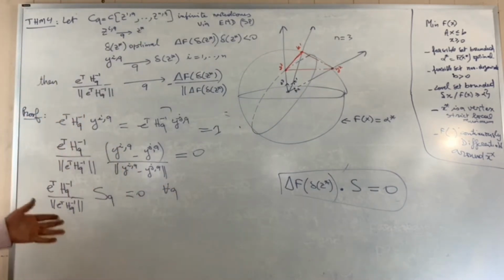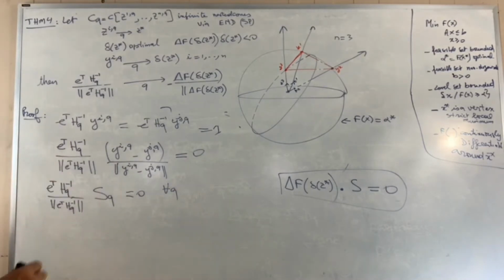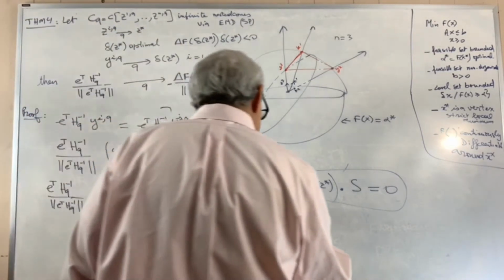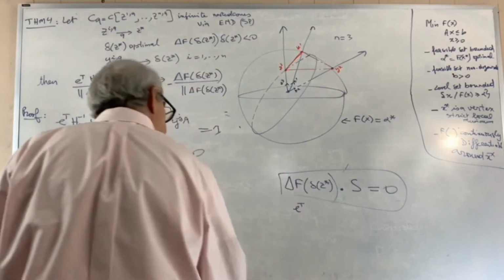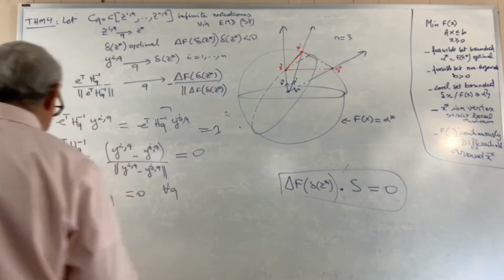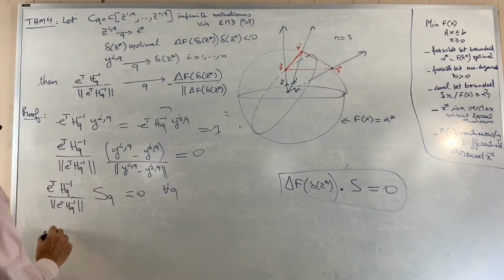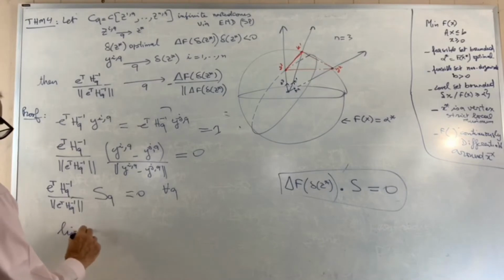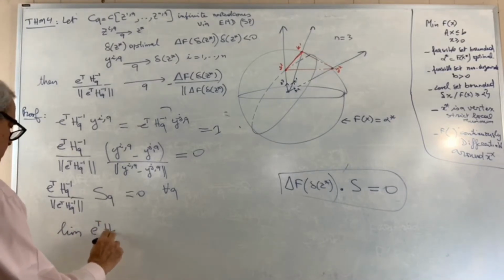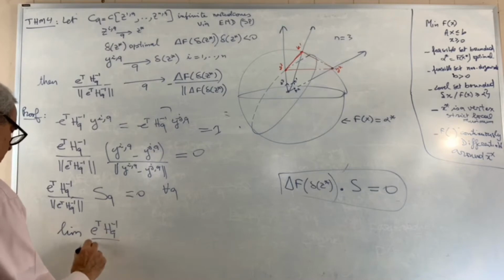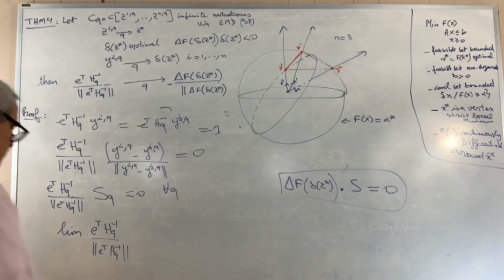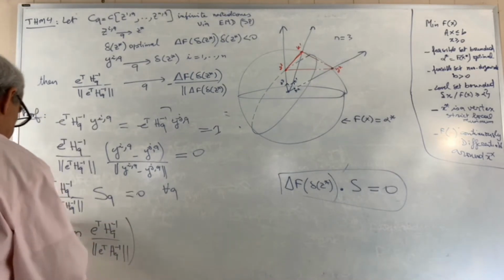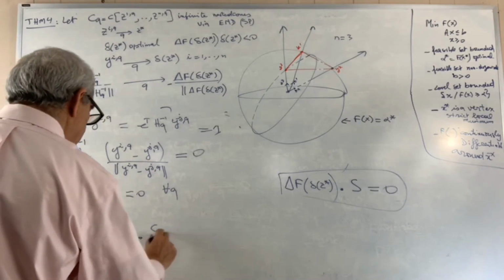And therefore, if we take the limit, the limit of e transpose H_q minus 1 over the norm of e transpose H_q minus 1, over q, times S, that's equal to 0.